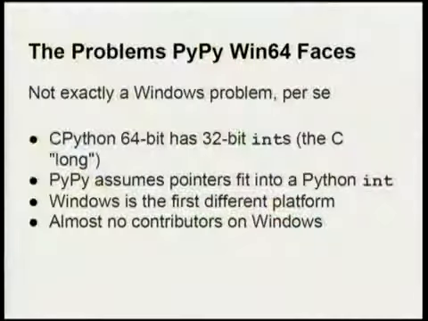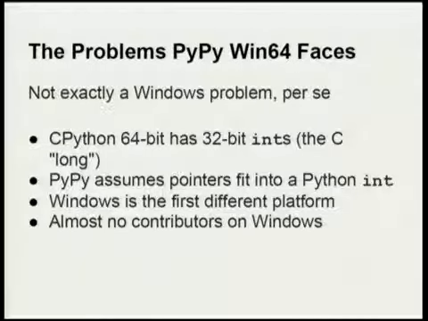So the problem with Windows 64 is not really a Windows problem, so I'm not angry with Windows. It's just that it happens to be the first platform where PyPy has difficulties to create itself as an exact copy of a running Python.